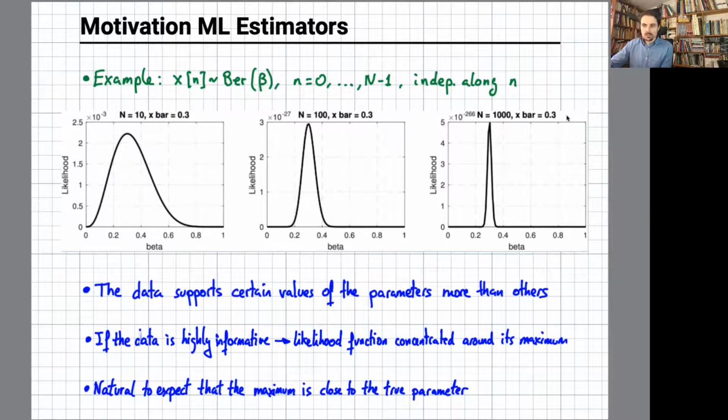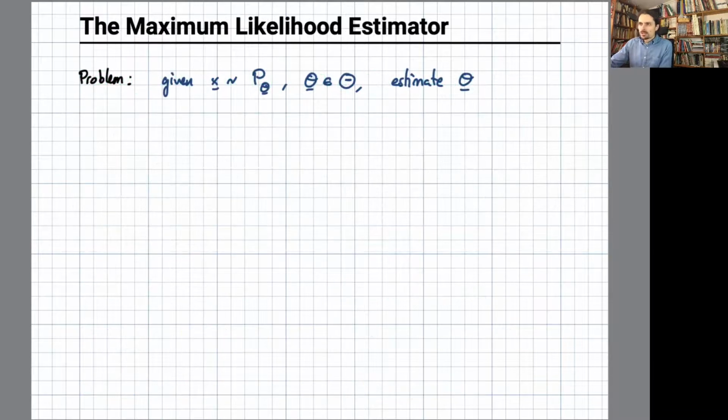Therefore, it makes sense to use the maximum of the likelihood function as our estimate, and this is precisely what maximum likelihood estimators do. To formalize this notion, we consider the same problem as before.